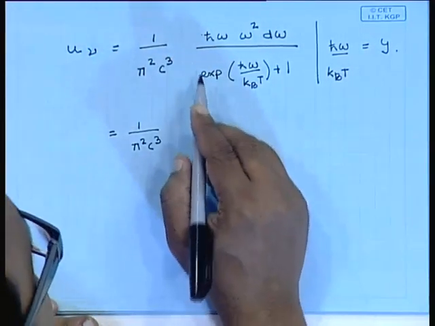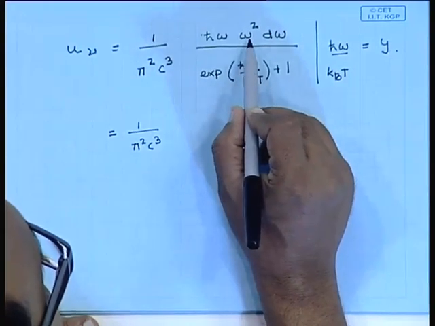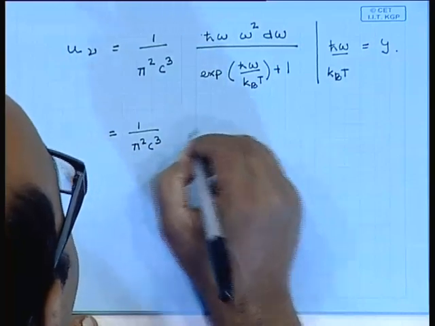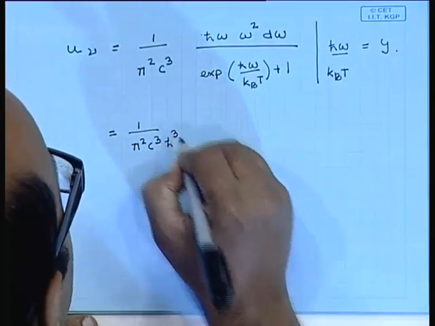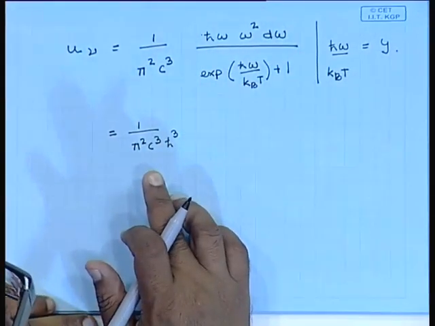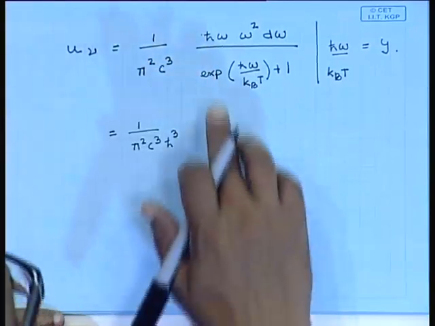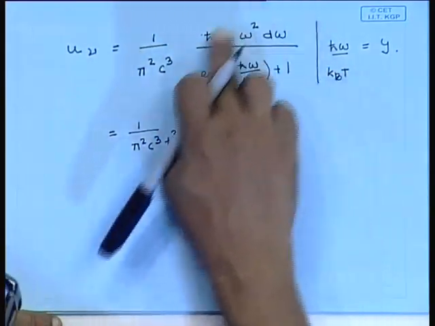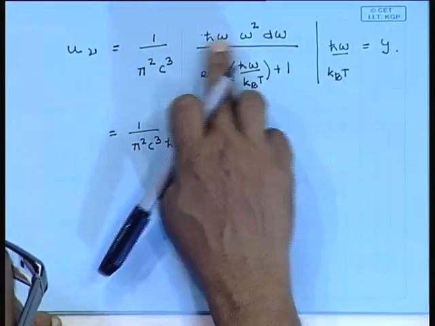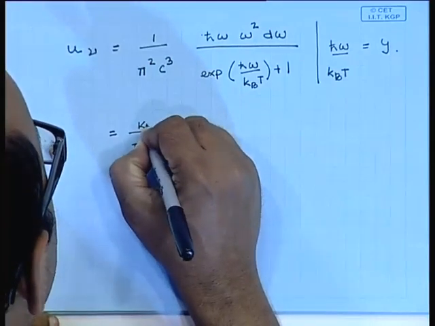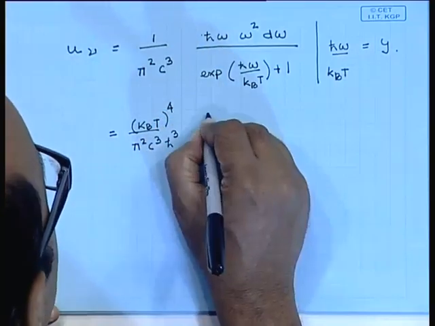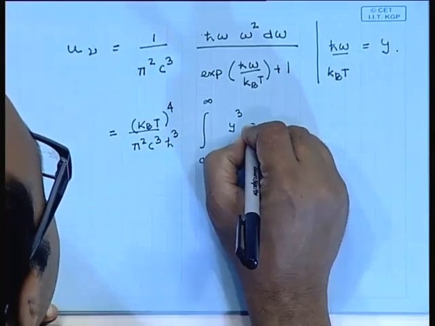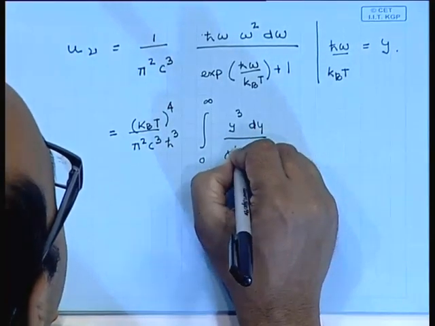We have to multiply this with h cross square and this with h cross, so that gives us h cross cube, which I have to divide by. Then I have to divide this thing inside by kB T to the power 4, so I multiply with kB T to the power 4, and I have the integral 0 to infinity y cube dy by e to the power y plus 1.